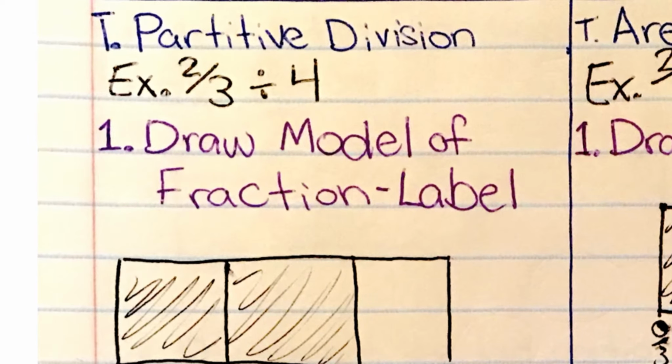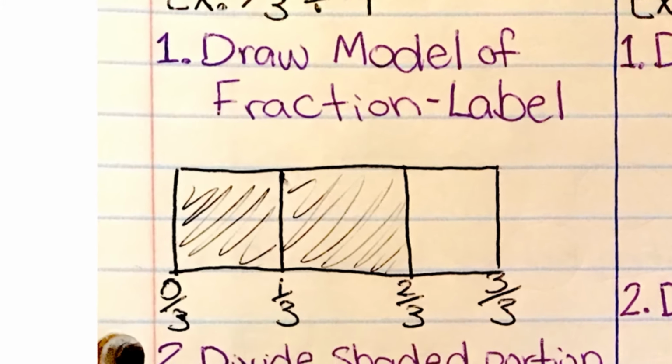Okay, in order to divide a fraction by a whole number, here we see 2/3 divided by 4. All the notes are broken down into steps. So the first step is we draw a model of the fraction and we label it. So I'll zoom out a little bit so you can see the label.